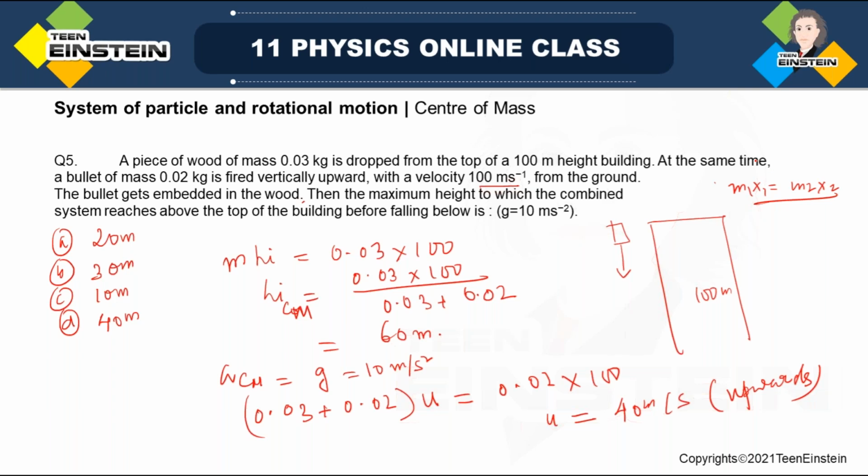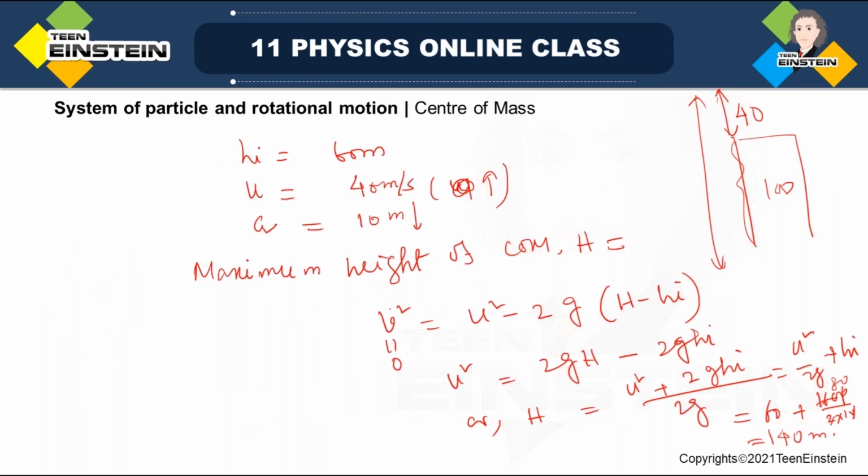Okay, so then from there we have found out the initial height. Initial height, and then we know the acceleration of the center of mass is the g itself.